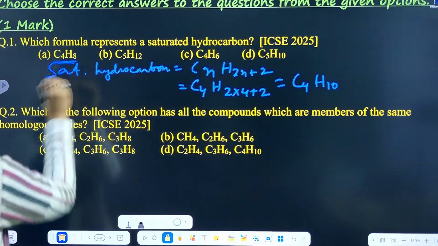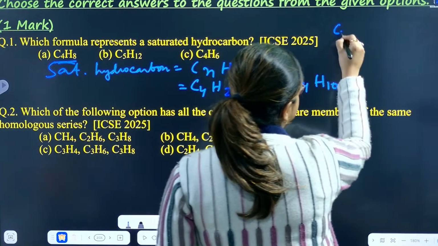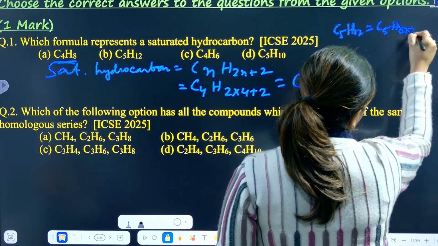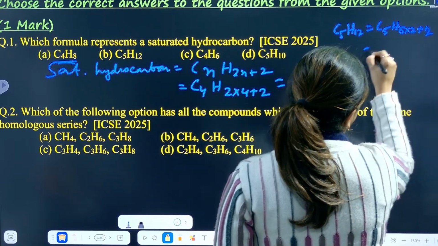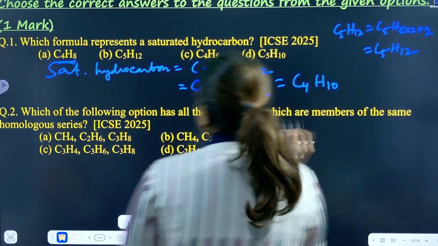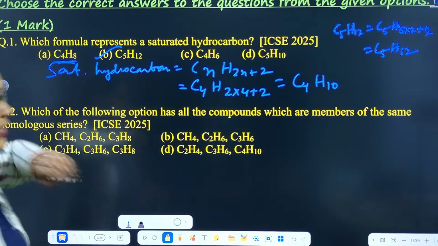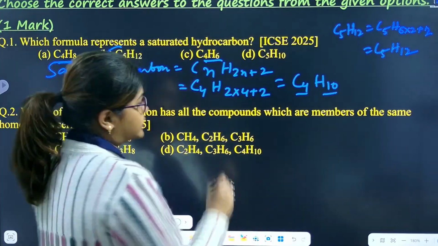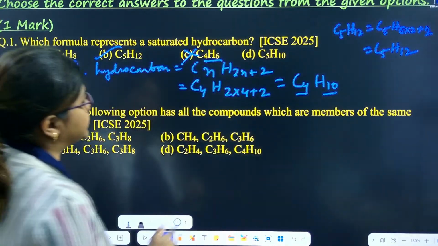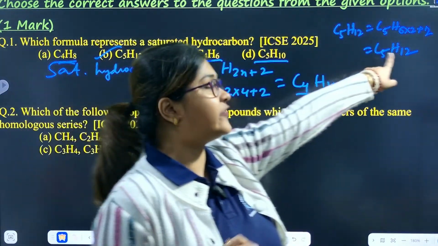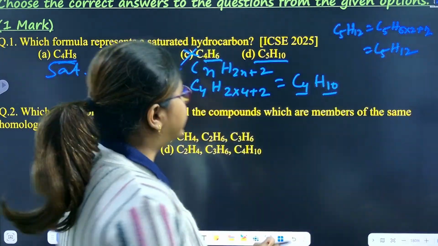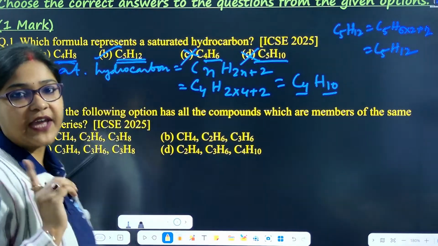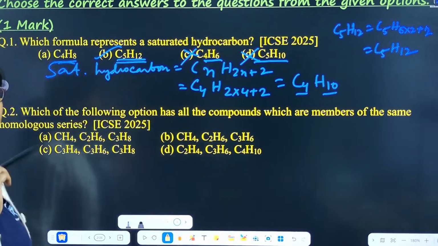That means this is not coinciding. The next formula is C5H12. That means 5 into 2 plus 2, that is C5H12. So this is coming under saturation. C4H6, will it come? No, if it is C4, H is 10. So this is also not the correct option. C5H10, if it is C5, for saturation it will be H12. So this is also not the correct option. So the correct option is C5H12, which is a saturated hydrocarbon.